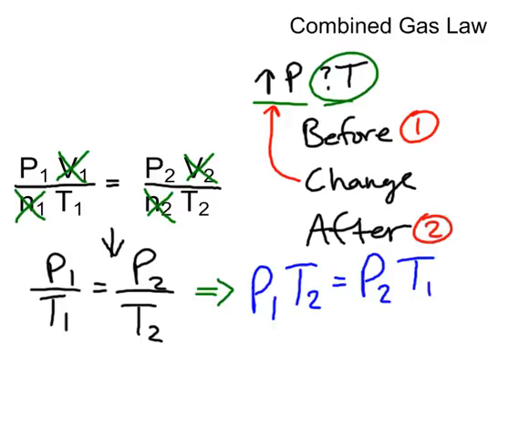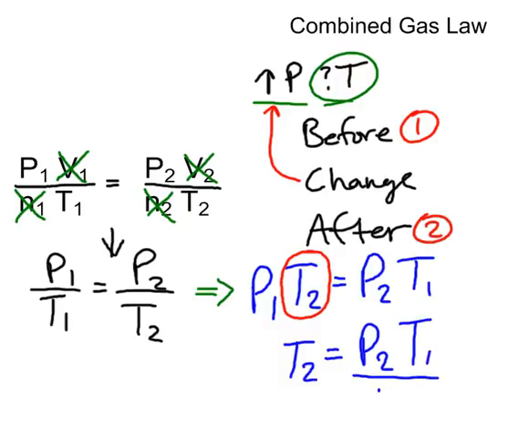And if I wanted to find out what happens to temperature after the fact, that means I am really trying to find T2. I'm trying to find what happens to the temperature if I do something to the pressure. So then I would just rearrange this algebraically to be P2 times T1 over P1.